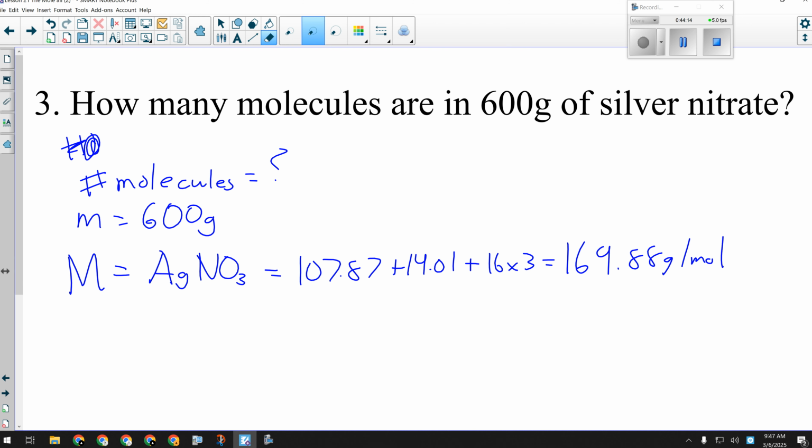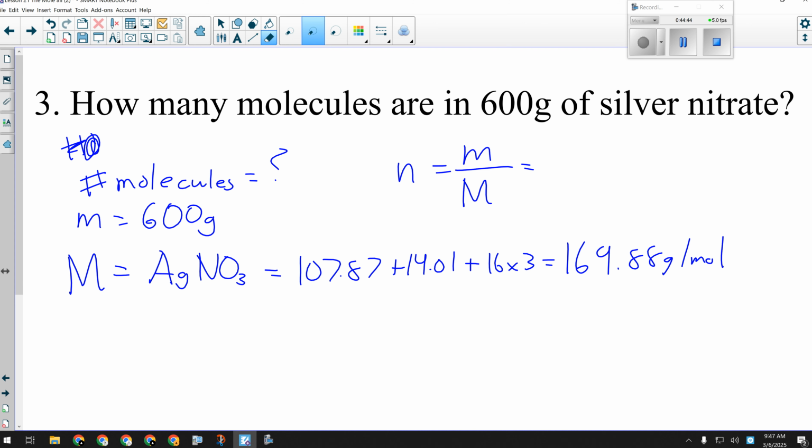So I've got little m and I've got big M. What can I calculate with those two numbers? N, yeah. And that's all I can do right now. I know that's not what the question wants, but that's as far as I can go with what I have right now. So I'm going to say, this is all I have, little m and big M. All I can calculate with those is the number of moles.